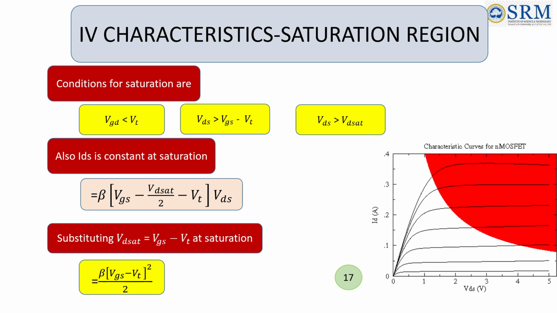And we have also seen that in the saturation region, IDS is constant. So applying all these in equation 16, we get IDS is equal to beta into VGS minus VT the whole square divided by 2. This is the equation for the current in the saturation region.